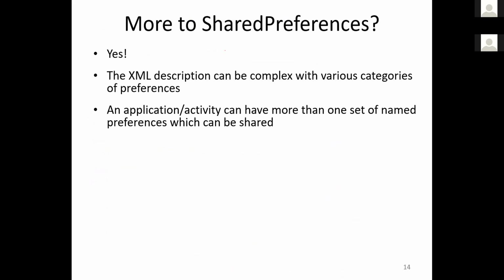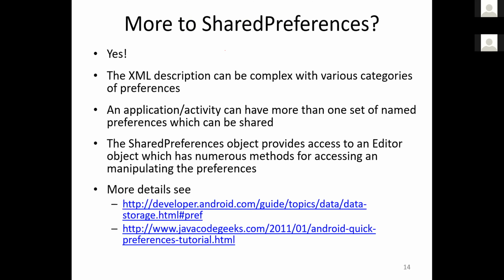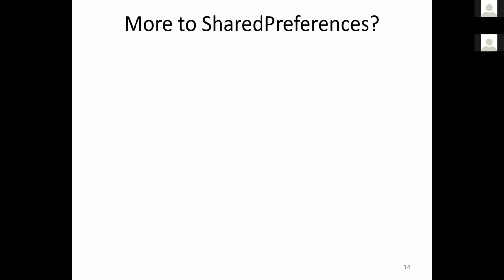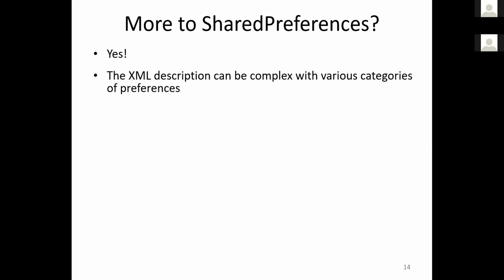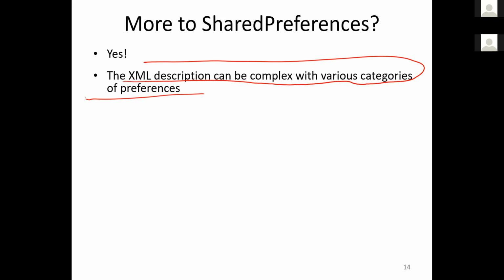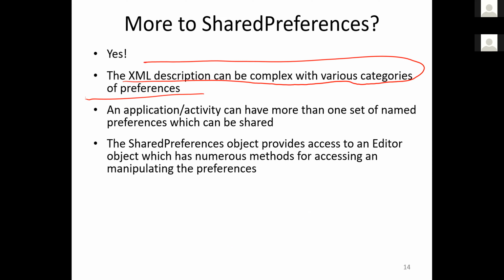Then the other one. The example I've implemented is a modern way of doing it, which is the easiest way. The XML description can be complex with various categories. An application can have more than one set of named preferences, like the one we did. And the shared preference object provides access to an editor, which has numerous methods. So we used the editor in our case.